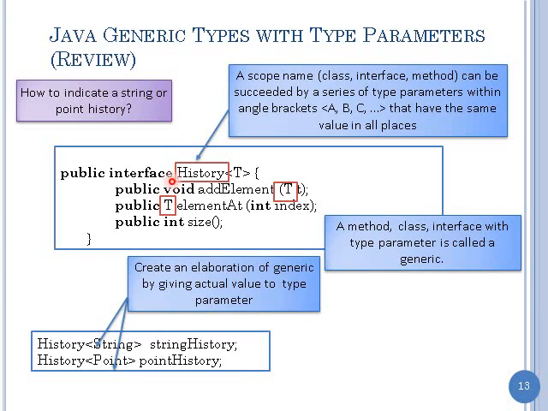Okay, so the answer is 1, 2, or 3. 1. So what happens to these guys? You just erase them from memory? That's what somebody said earlier. And that's what happens. Okay, so this is just a pure compile time activity. And ultimately, only one history interface is kept.